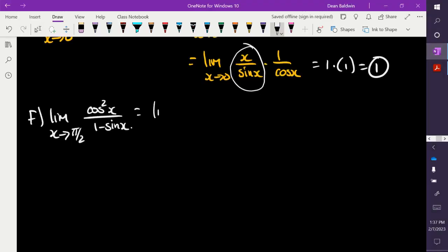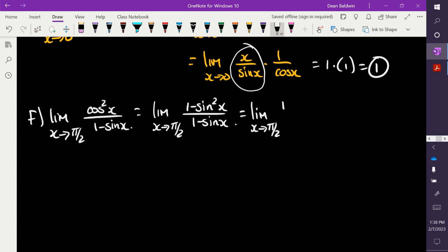So I got 1 minus sine squared over 1 minus sine of x. What are we doing now? Factor the top. What does it become? Yeah, it's a difference of squares. Those cancel.